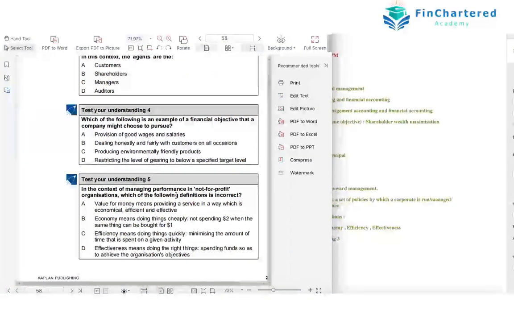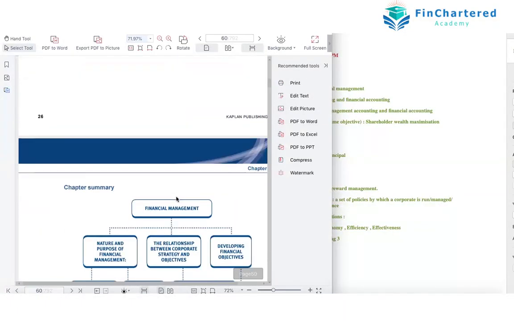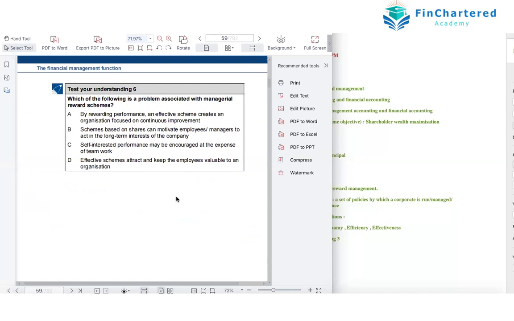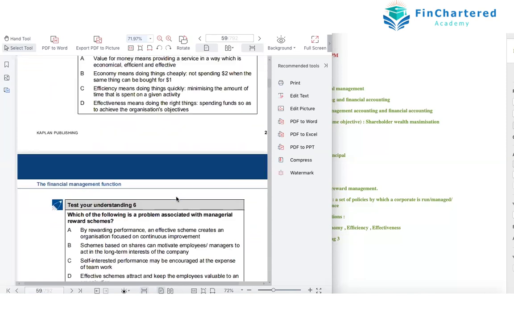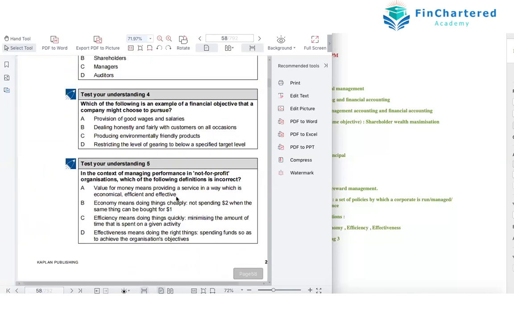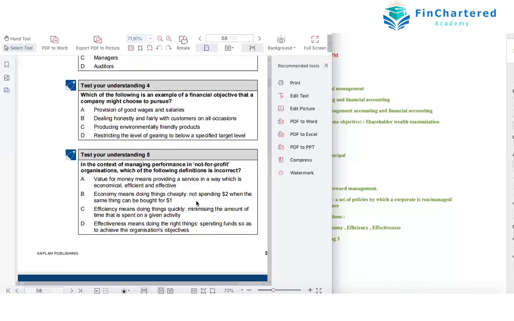Then let's look at test your understanding 5. In the context of managing performance in not-for-profit organizations, which of the following definitions is incorrect? Value for money means providing a service in which it is economic, efficient, and effective. That's right.